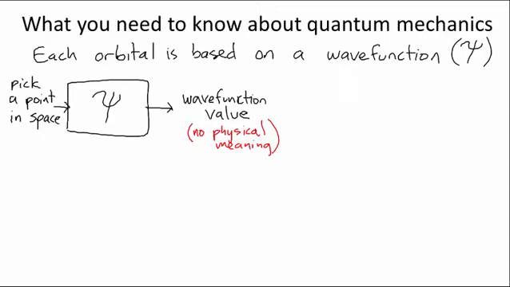But you don't need to know any of that. What you do is you then square the value, and you get psi squared at that point in space, and that actually represents the electron density.